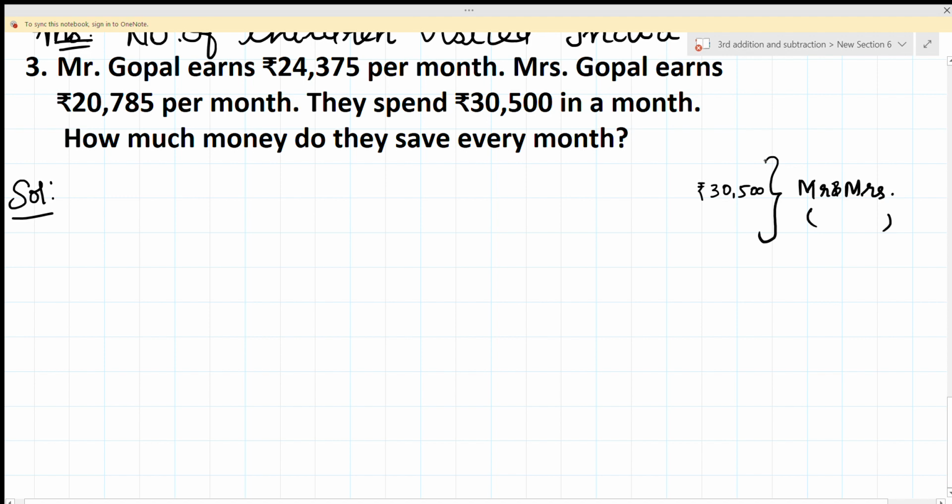To find that amount, you subtract the amount which they spent from the total amount. So here we are going to find out the total amount they earn in a month and the amount they spent in a month. If you subtract this, you will get the amount which they save in a month. So let us do step 1.